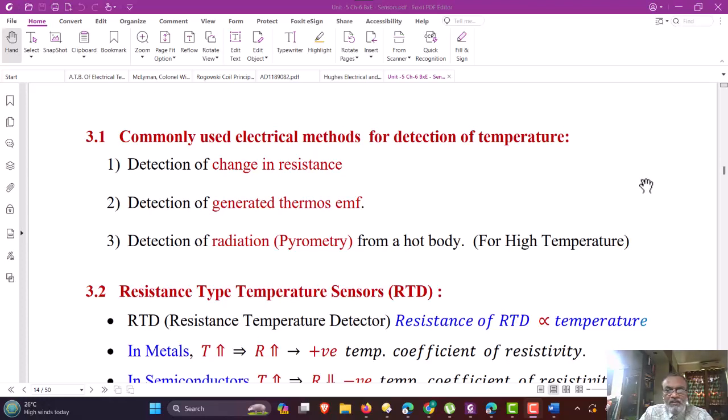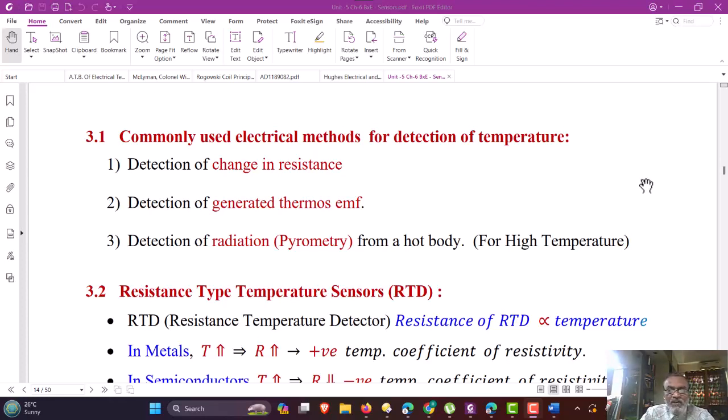Commonly used electrical methods for detection of temperature are listed as follows. When the temperature of a material changes, it probably gives rise to a change in resistance. So electrically, detection of change in resistance gives detection of temperature.